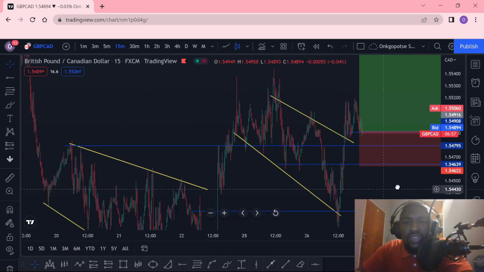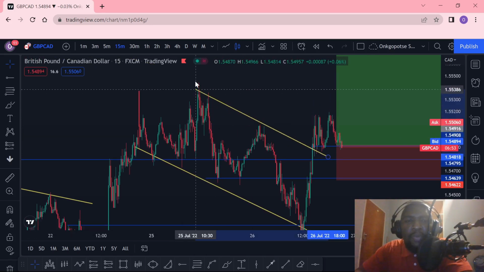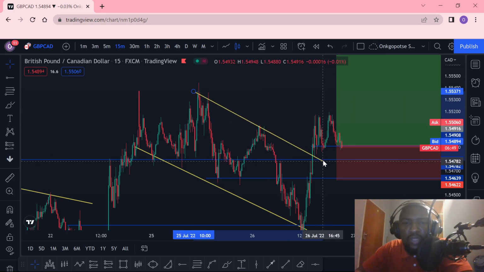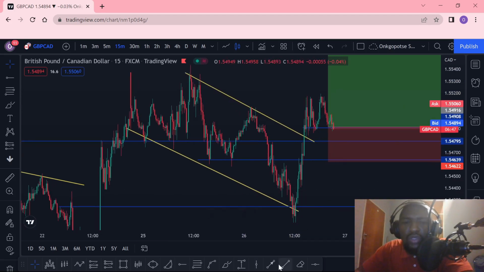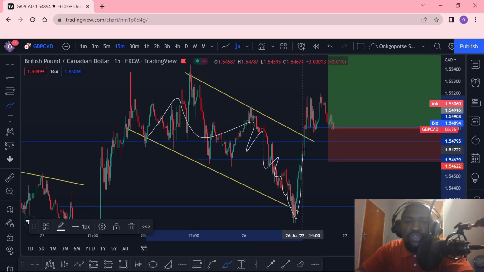This is one of the movements that we can capitalize on, because it's still looking so beautiful to shape up towards the upside. We saw that Tuesday movement, we had this beautiful correction towards the downside on Monday, and price started to give us those beautiful buys towards the upside.